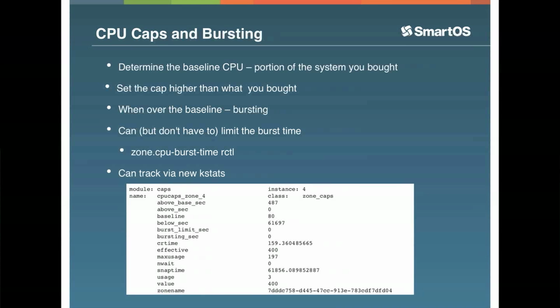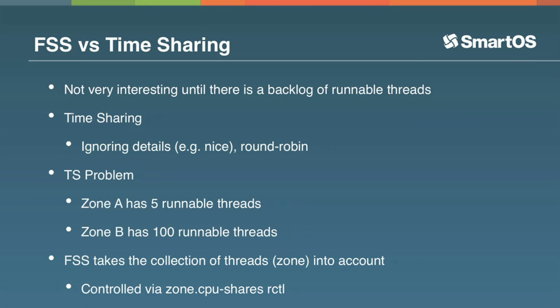Your baseline should be set to like 80, so you've actually bought 80% of one CPU, but you can run all the way up to 4 CPUs before you would get capped down.